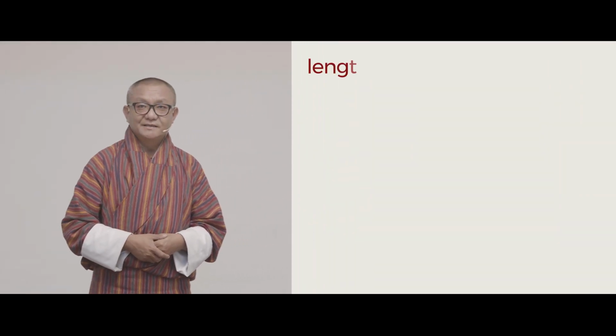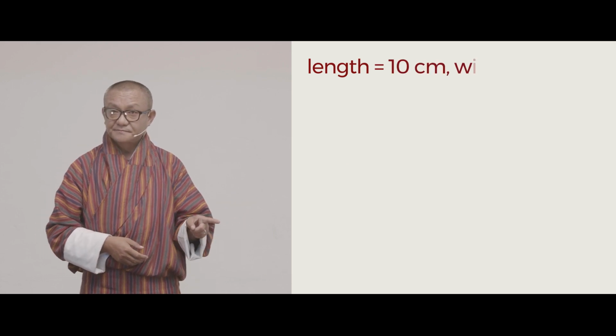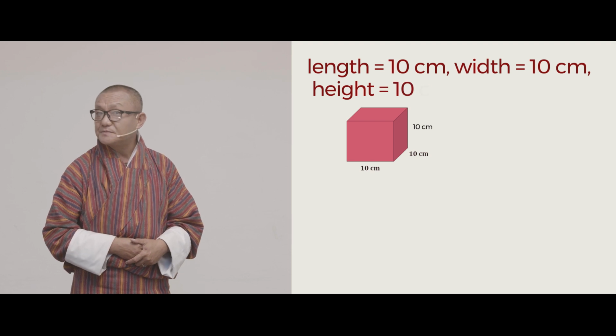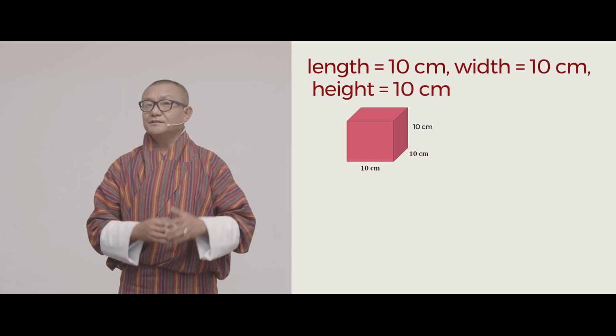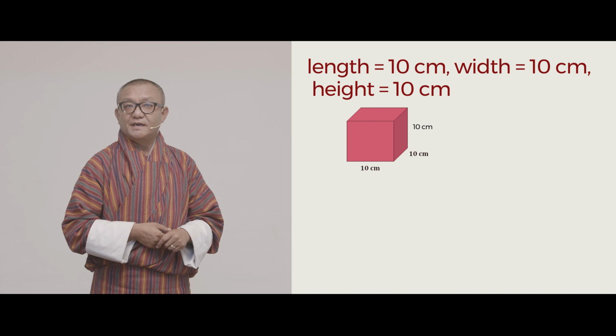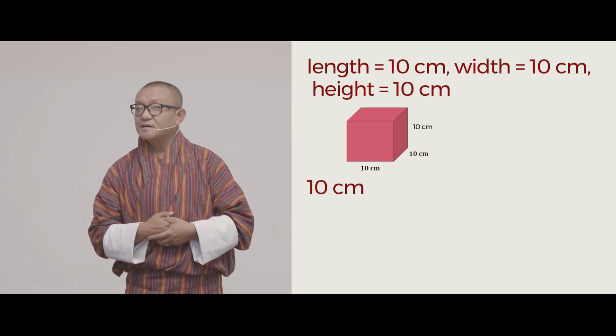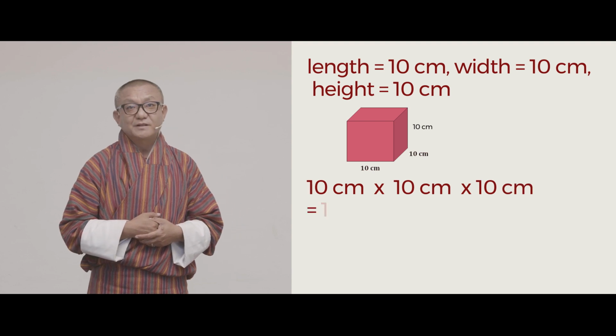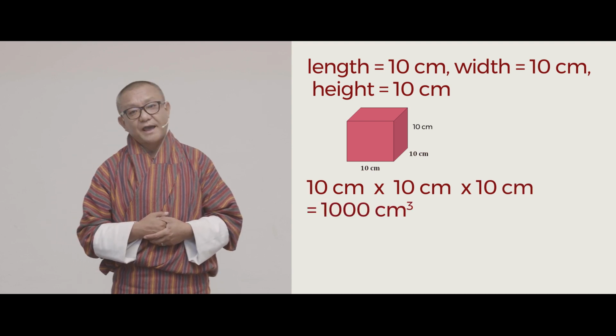So, take a structure which is length 10 centimeter, width 10 centimeter, height 10 centimeter. In terms of volume, it is 10 centimeter times 10 centimeter times 10 centimeter, which is length multiplied by width multiplied by height.